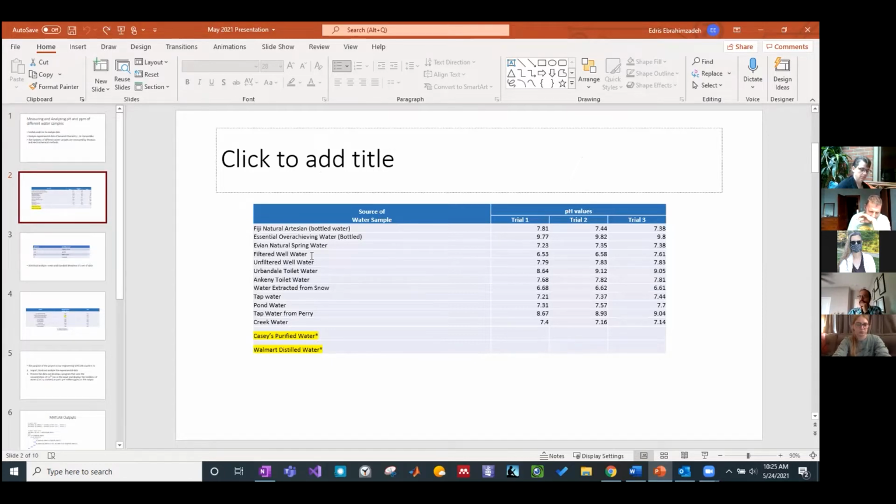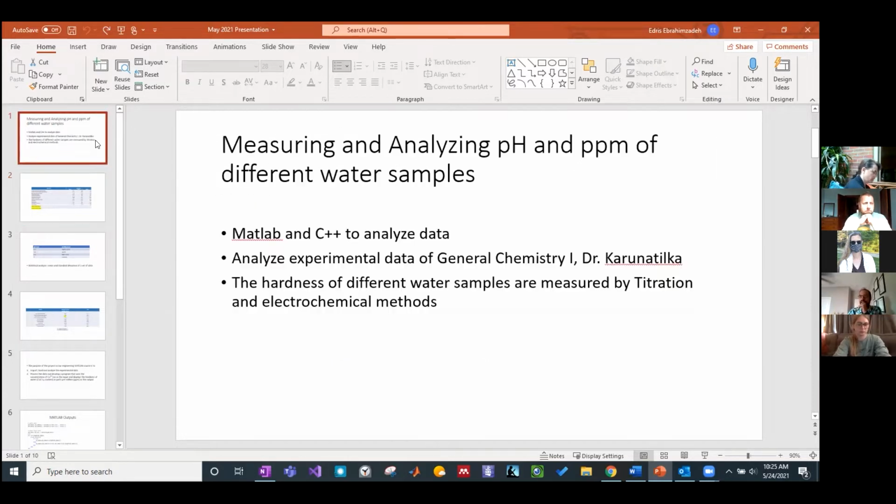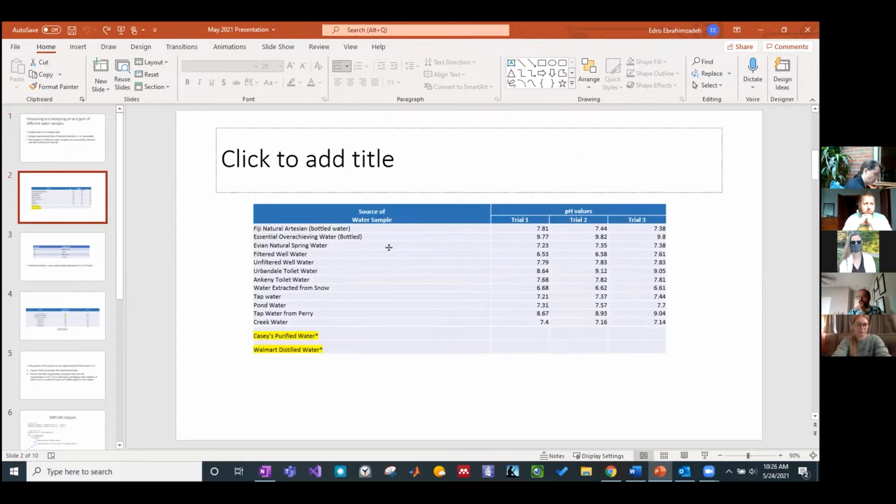It varied from filtered water to tap water, to pond water, creek water. We have lots of sources of water samples, and Chandana just got the data for pH and ppm values.